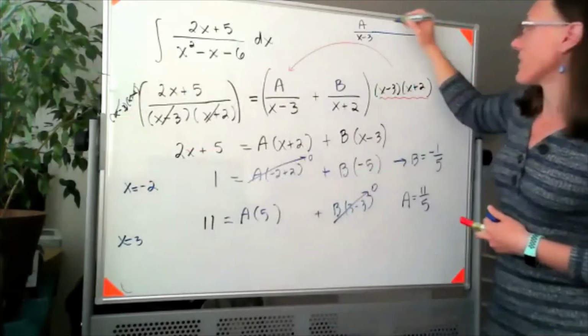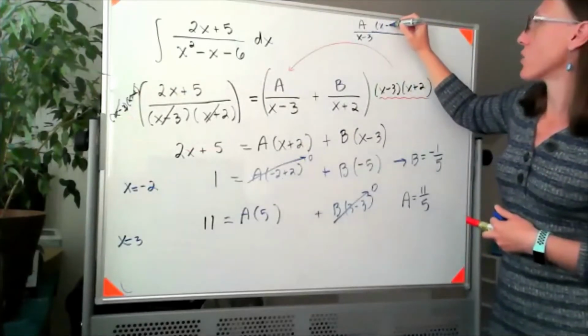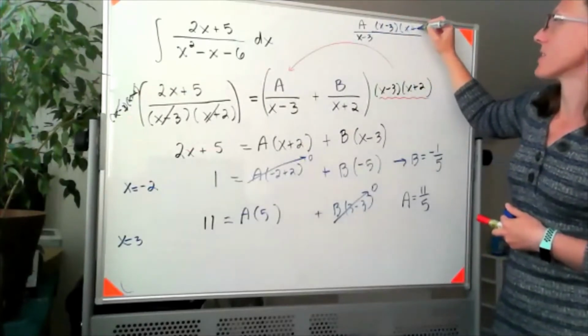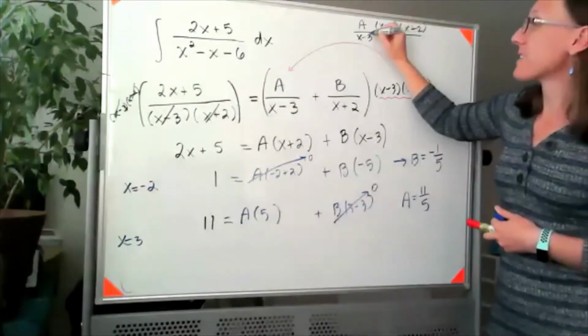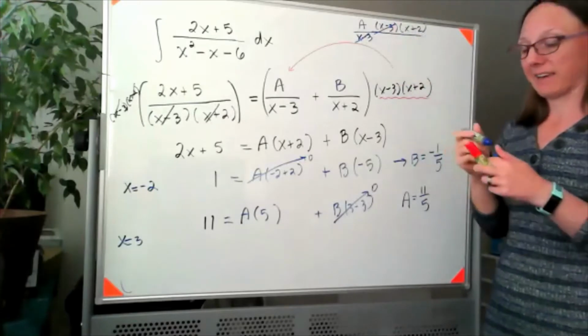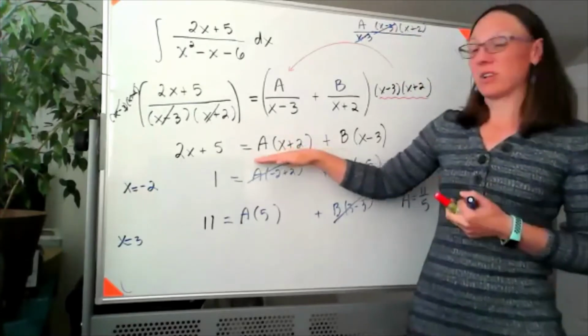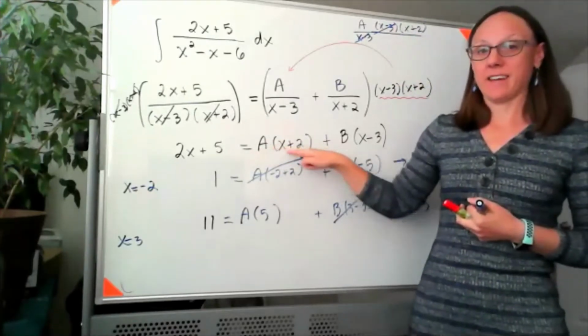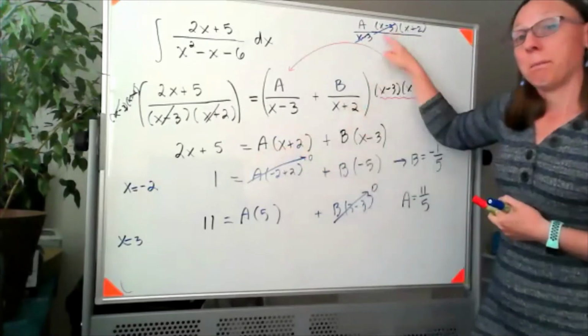So if I keep going on this numerator, I'd have x minus 3 times x plus 2. So those x minus 3s would cancel out, and I would just be left with the a times x plus 2. So that's the only part that I wrote here, was the a times x plus 2, because the x minus 3s cancel.